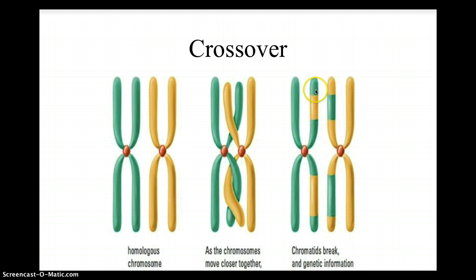The other one, the short end, has green and yellow, and the long end has all green. And you'll notice, the yellow ones as well, that the strands of DNA are now different. So what began as identical strands ends up as very unique strands of DNA. And that's the process of crossing over, the physical exchange of sections of DNA.